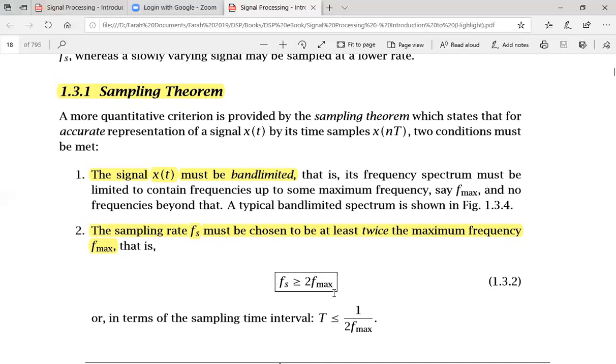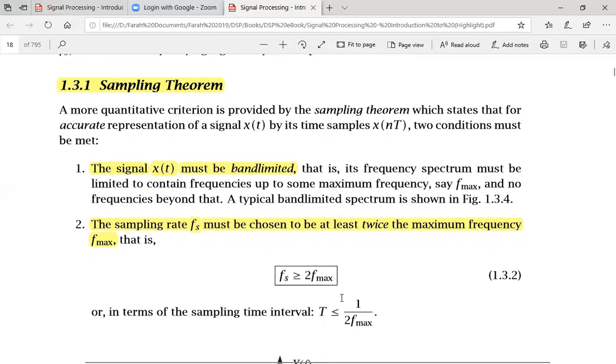This is the theoretical expression, but in practice you need to keep it much higher than double. If the sampling frequency is twice f maximum, the sampling interval would be the inverse of the sampling frequency, so the sampling interval should be less than or equal to 1 over 2f maximum.